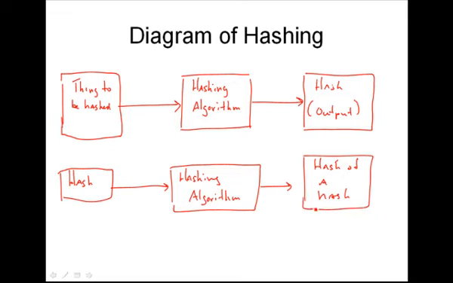The thing to remember is you don't get the original input. So we say hashing, the process of hashing or hashing algorithms are one-way functions, and this means it's easy to perform the algorithm or execute the algorithm in one direction, but it is really, really hard to go back the other way.